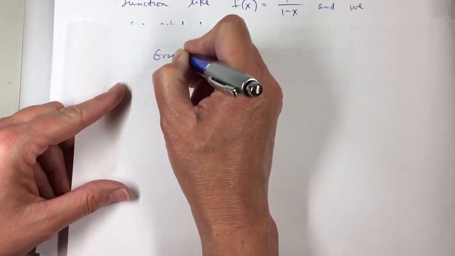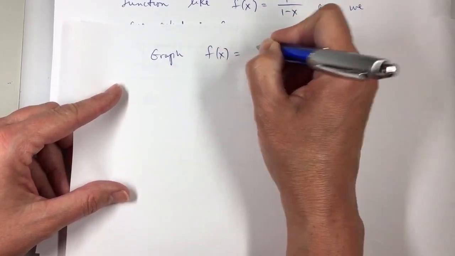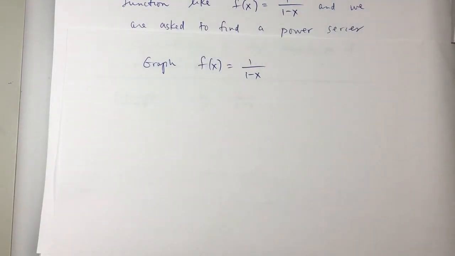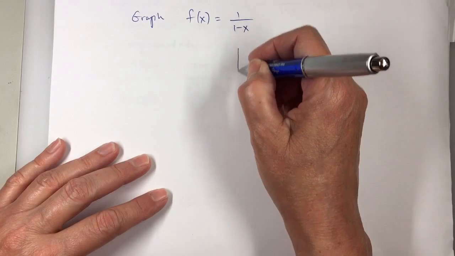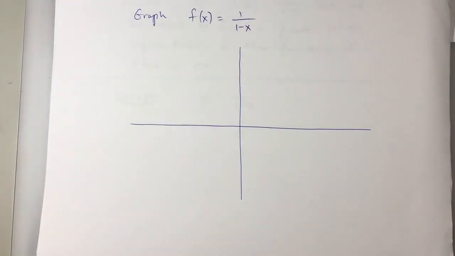So let's graph f of x, or y. I called it y1 because that's what it is in the graphing calculator. This is a rational function. There is a vertical asymptote, and it's where? It's at 1. How do you know that? That's where the denominator is 0.